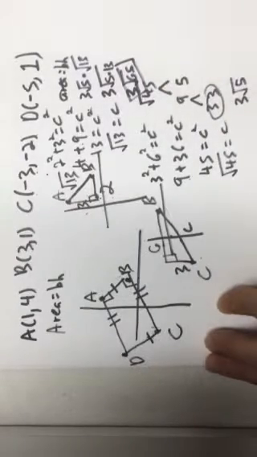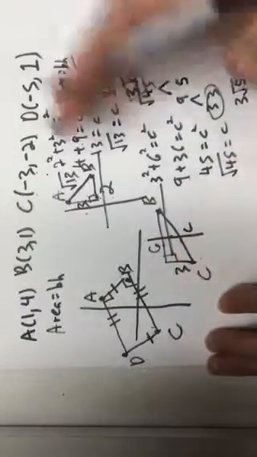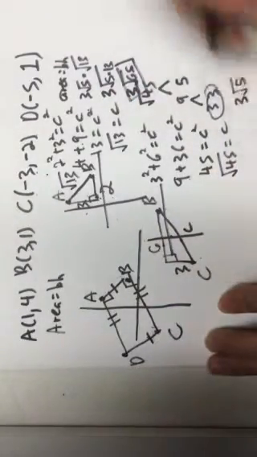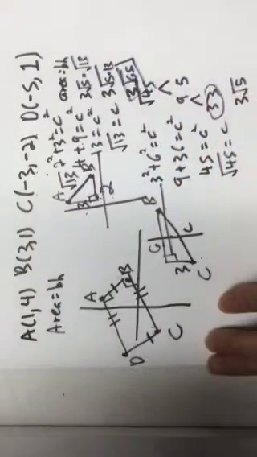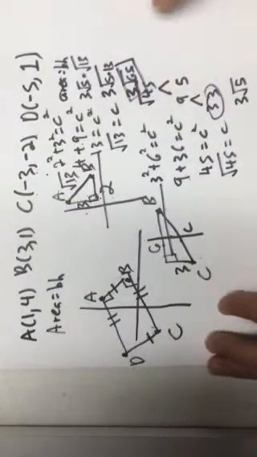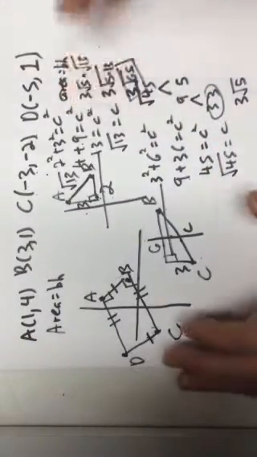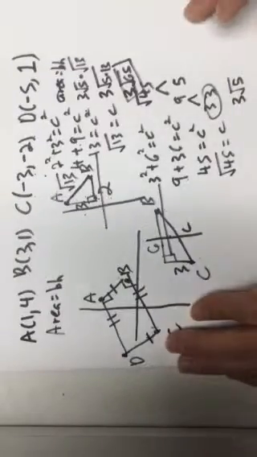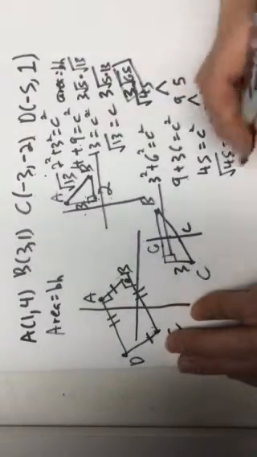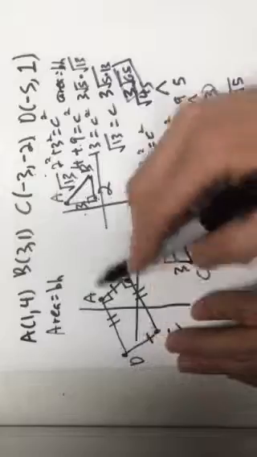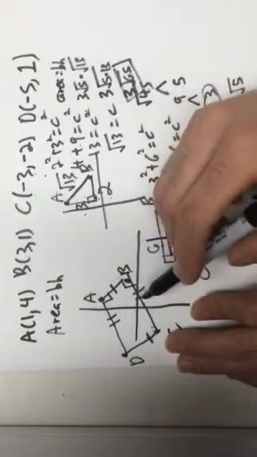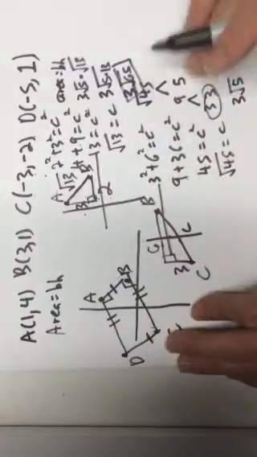Okay, find the perimeter. You're adding up all four sides. So you have a root 13 across from a root 13, and you have 3 root 5 on top and bottom. Okay, so to find the perimeter, you're adding up root 13 and root 13. That's going to be 2 root 13s. Top and bottom, you're adding up a 3 root 5 plus a 3 root 5. So 3 root 5 plus 3 root 5, that's 6 root 5s.